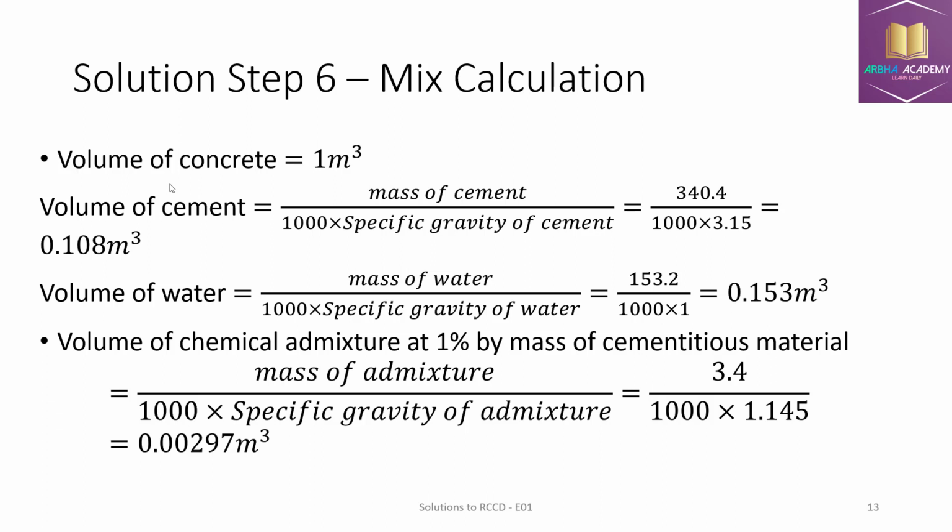As we have the mass of cementitious materials as 340.4, the mass of admixture will be 1% of it, which is 3.4 kg. And the specific gravity of admixture is already given data, 1.15. So we now know the volume of cement, the volume of water, and the volume of admixture.